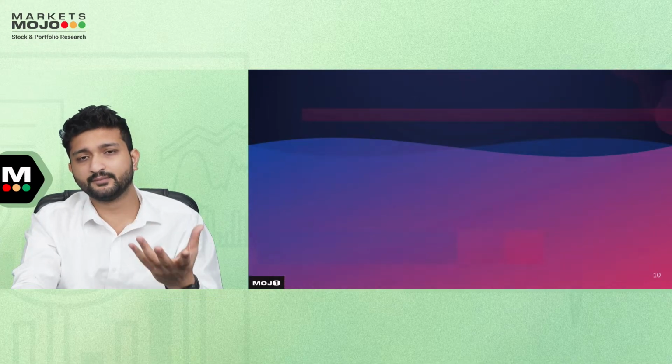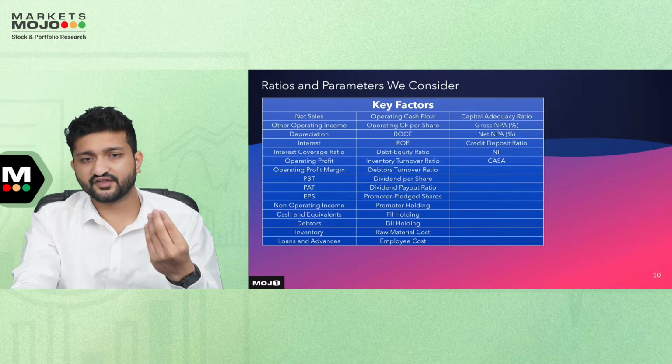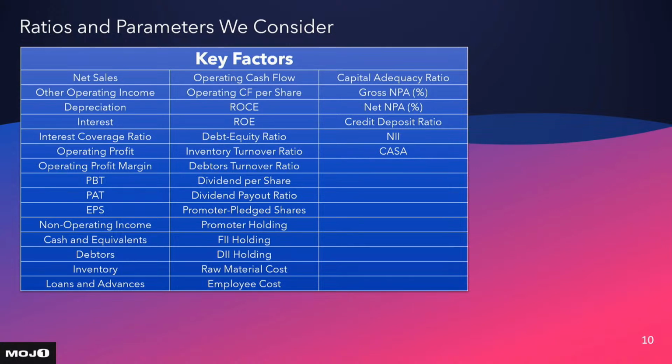If you want to dive a bit deeper, these are the different ratios and parameters we consider, over 35 to 36. Net sales, the top line I was talking about, other operating income, depreciation, interest coverage ratio, margins, which are very important to understand the efficiency, profit levels, the bottom line, EPS, non-operating income.